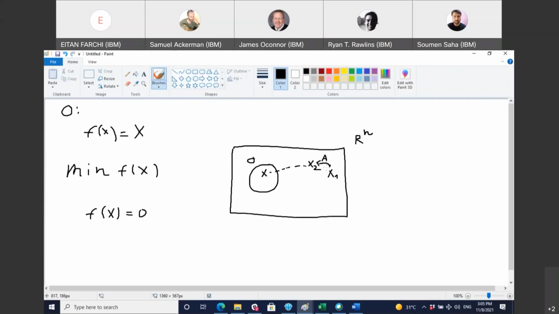So one thing is I'm assuming that I have some function that is going down. Let's say I'm focusing on going down. So this function, whenever I'm outside of the set that I want to get to, I'm actually going down. Okay?